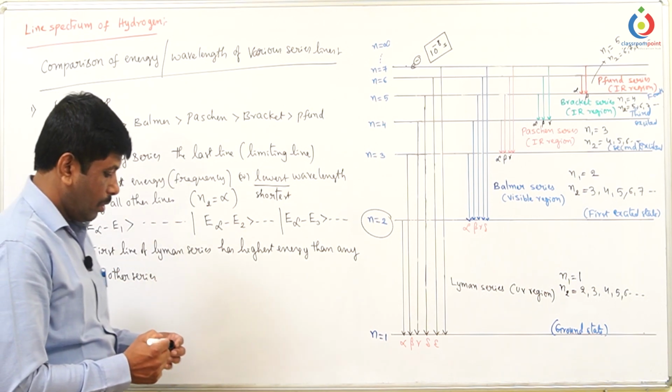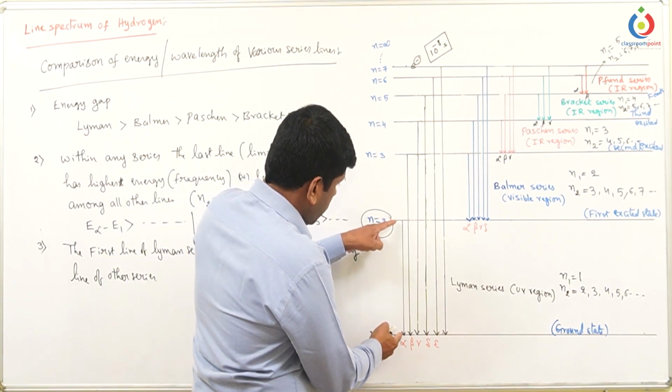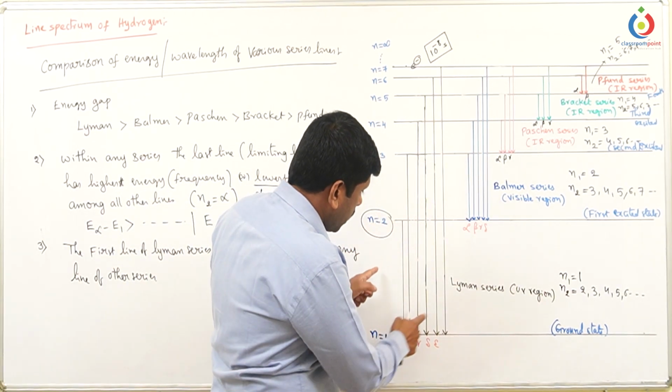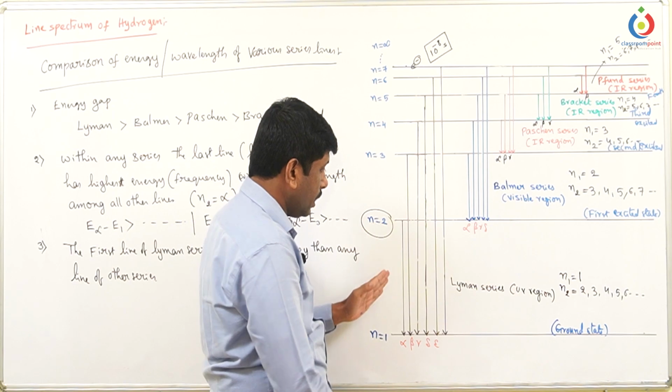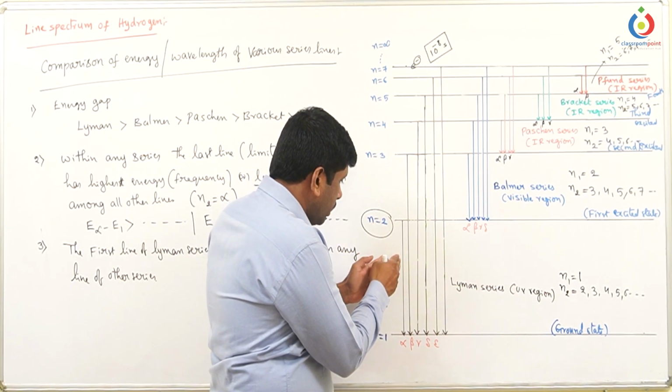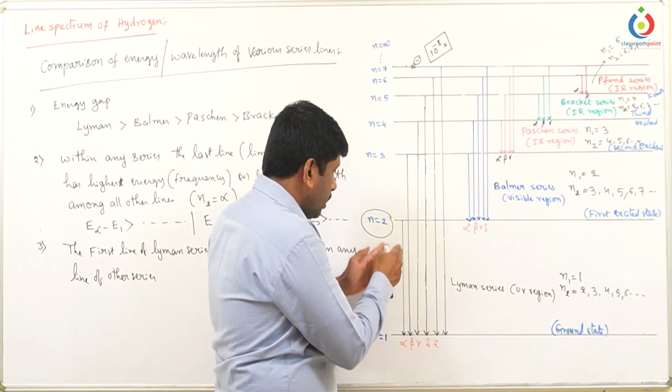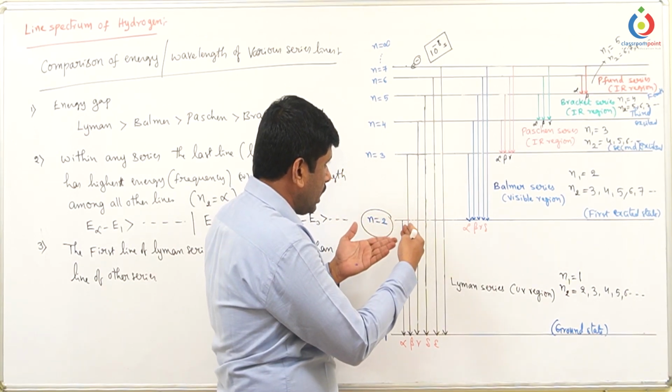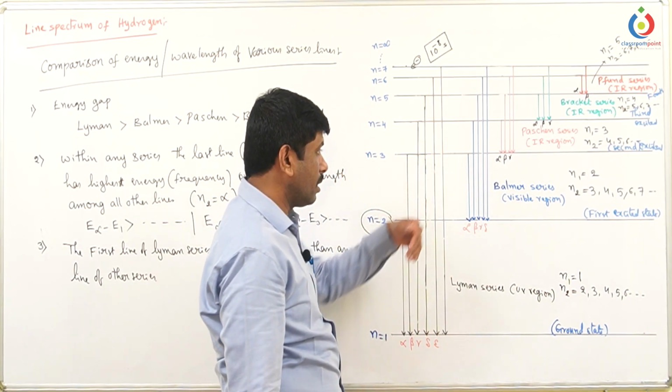See that this first line we are comparing with other lines, not within the Lyman series. Within the Lyman series, the last line carries the highest energy. But when this first line is compared, then this first line itself carries more energy than any other lines of the other series.